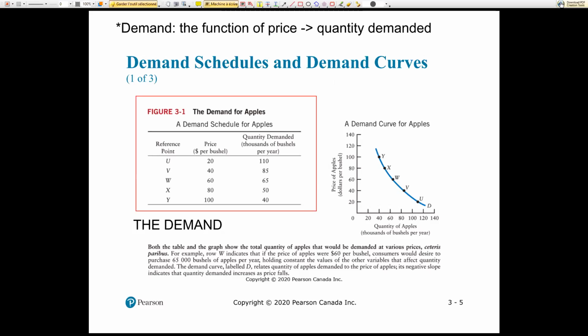Maybe it will shift right. Yes, exactly, right. It means that if the price is $40 per bushel, before the disappearance of oranges I would have had 80.